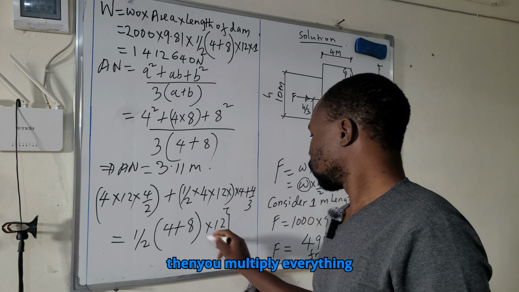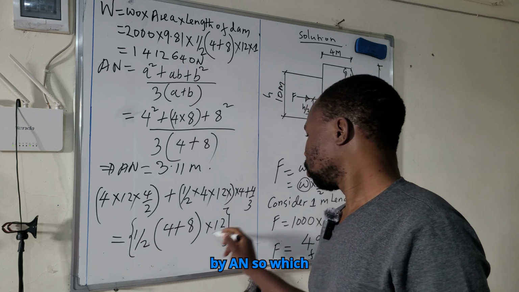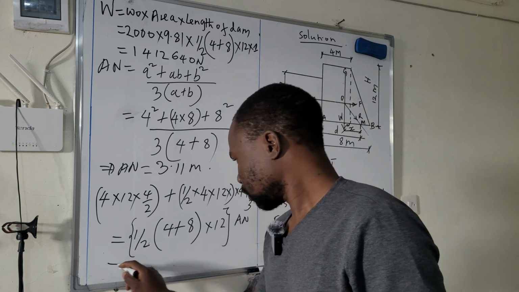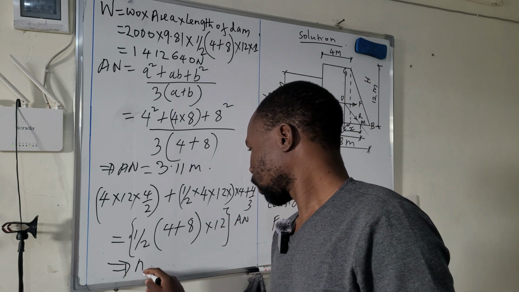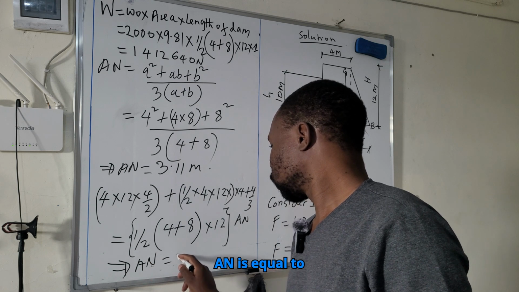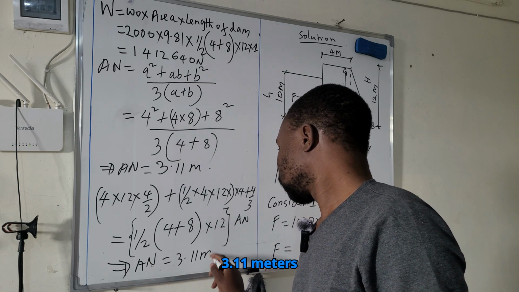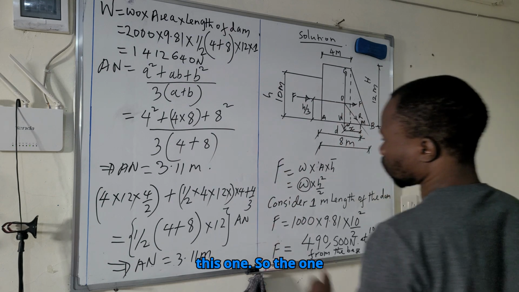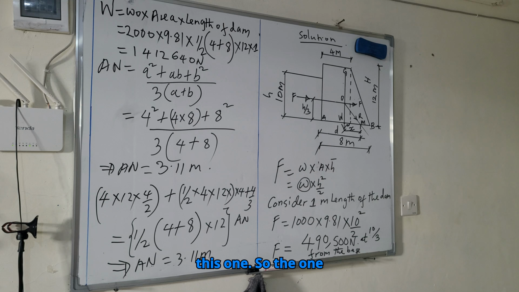Then you multiply everything by AN. So which implies AN is equal to 3.11 meters. You can either choose this one or choose this one. So the one that will save your time, it matters a lot.